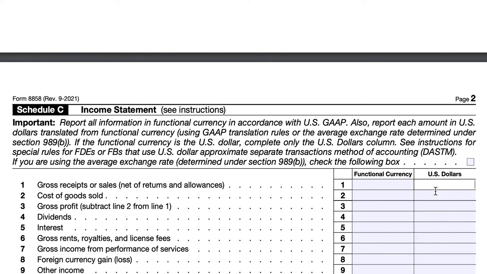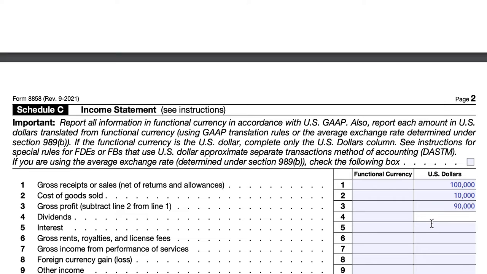So for the purpose of this demonstration, we'll just outline some basic numbers. So we'll say that we achieved $100,000 in gross sales. Cost of goods sold, we'll just say that that was $50,000. Actually, a consulting business will probably have much less in terms of cost of goods sold.